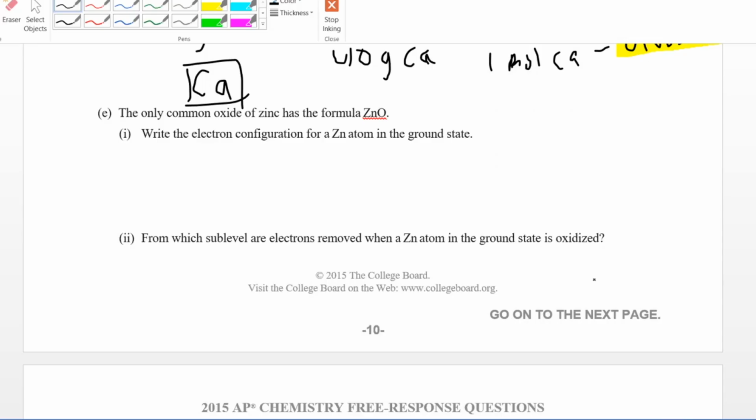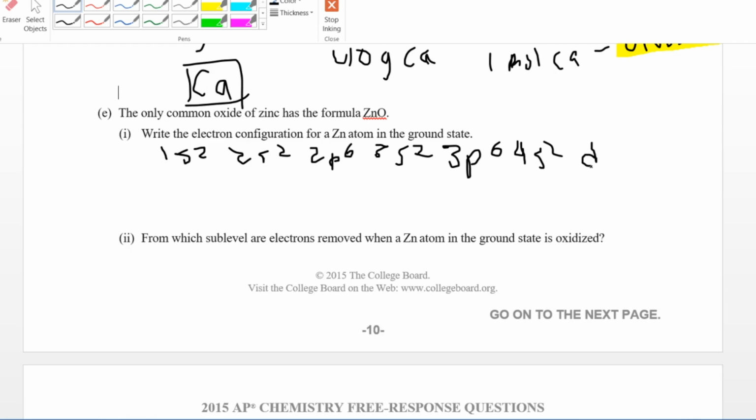Okay, so there are two answers for this one. You can write the whole thing out, which I will do right now: 1s2, 2s2, remember it's all based on, if you use the visualization of the periodic table, it makes it way easier, in my opinion. 3s2, sorry, 3p6, and then 4s2, and then we got 3d10.